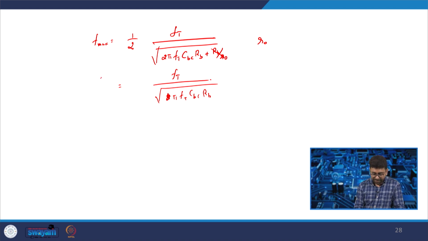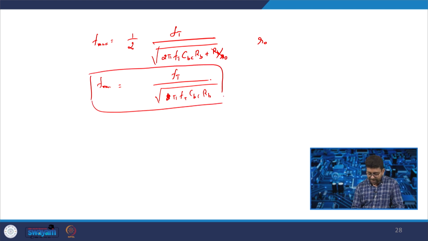So, this is F max of the BJT. The BJT F max also depends upon the Ft, the base to collector capacitance, and the base resistance RB. So, this is Ft and F max of the BJT.